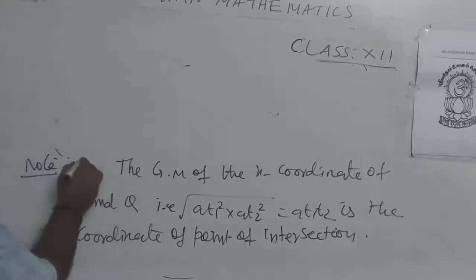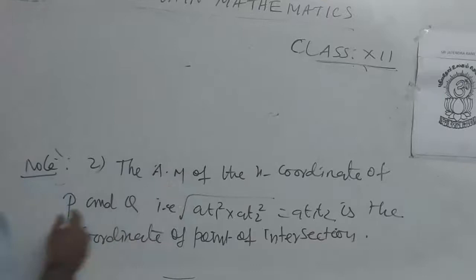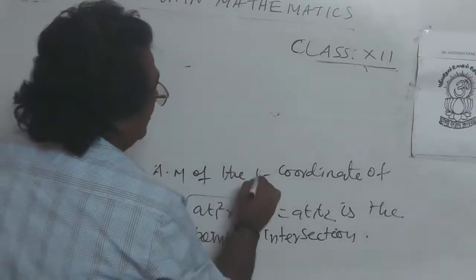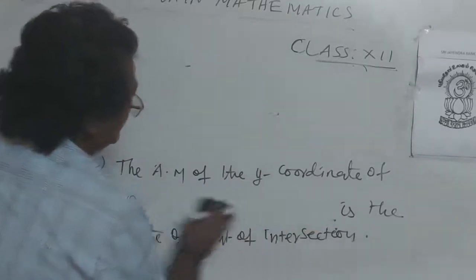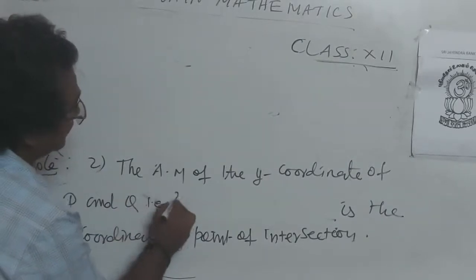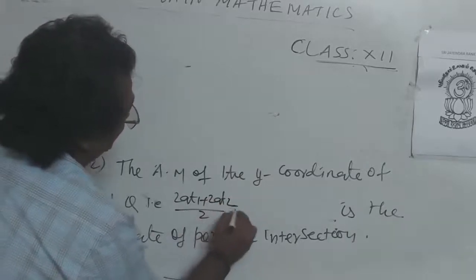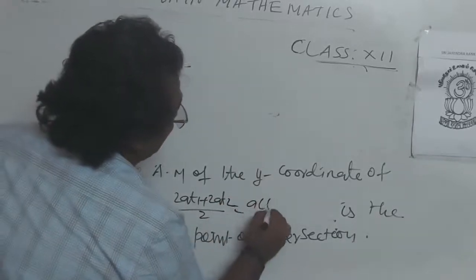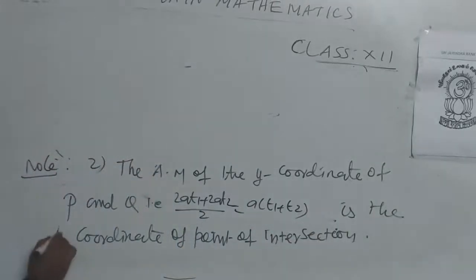Next, the arithmetic mean of the y coordinates of P and Q, that is 2a t1 plus 2a t2 by 2, a into t1 plus t2, is the y coordinate of the point of intersection.